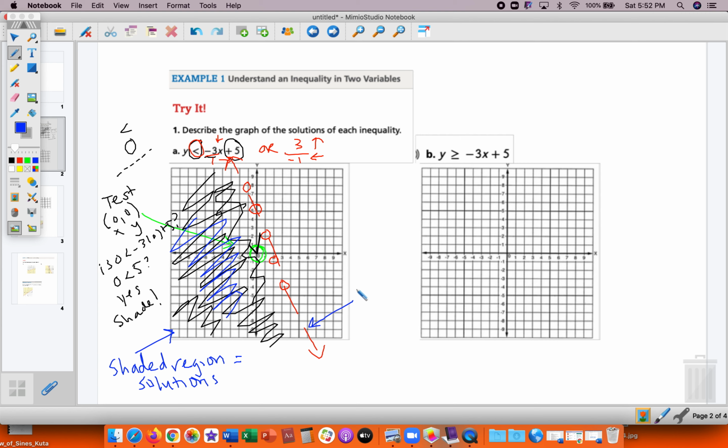Because this is a dotted bound, points on the line are not solutions. Points, ordered pairs in the non-shaded region are not solutions.